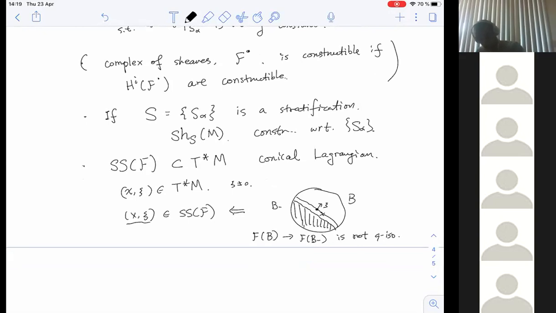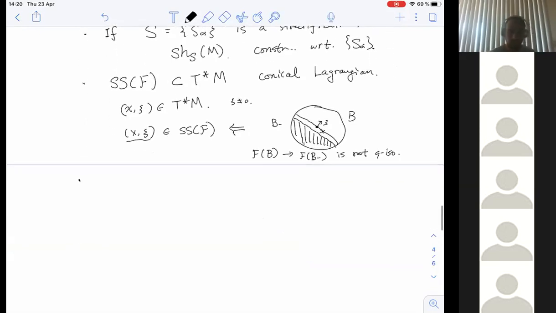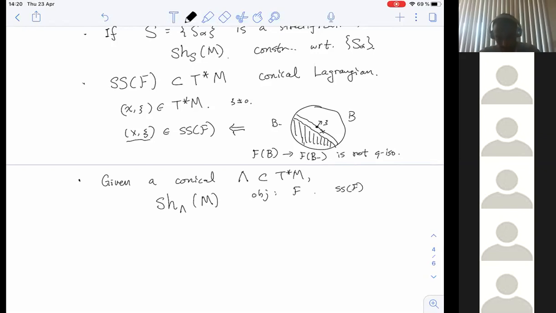In general, you have to consider all those directions and then take the closure of those sets to define what a singular support is. So given a conical Lagrangian, we can define the subcategory of sheaves on M, with objects F such that singular support is contained in lambda.